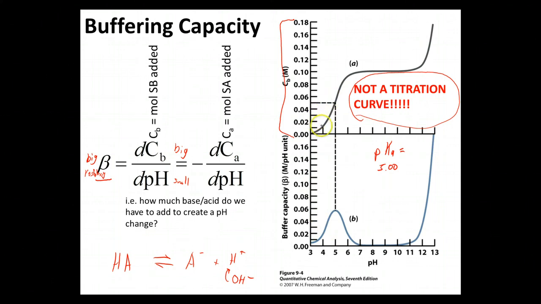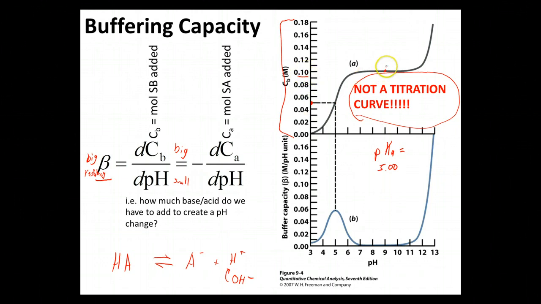You'll notice that right around here, where pH equals pKa, pH of 5, we're halfway through the amount that we need to get to our equivalence point. In this case, they set it up so that the acid present was a 0.10 molar solution, and we're using equal volumes once we get to that point.